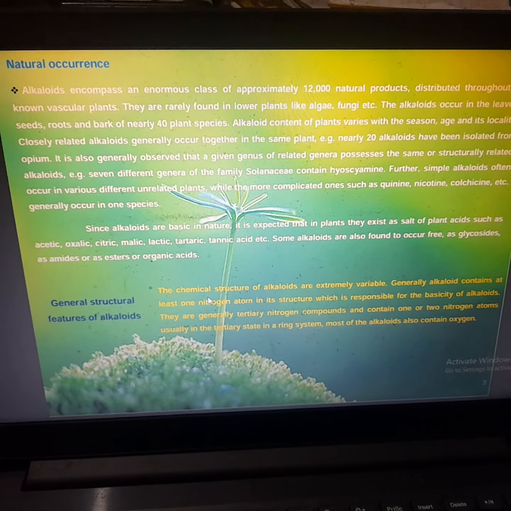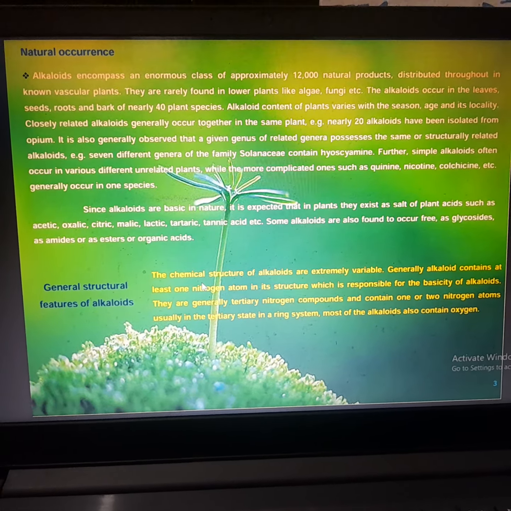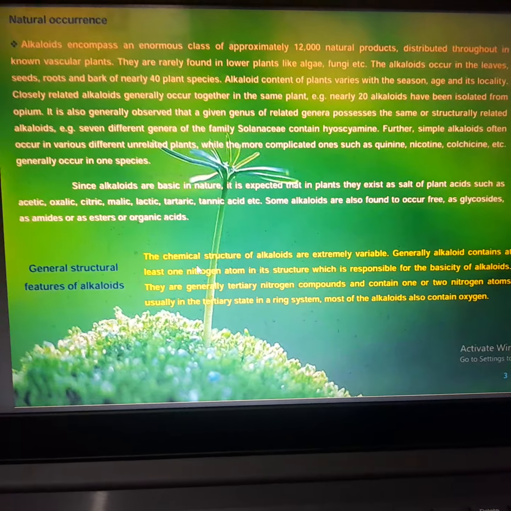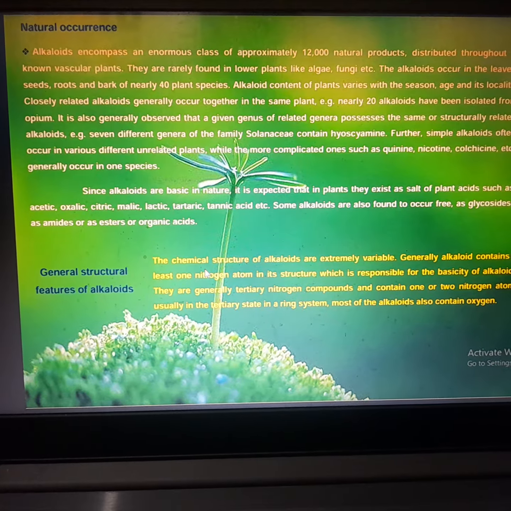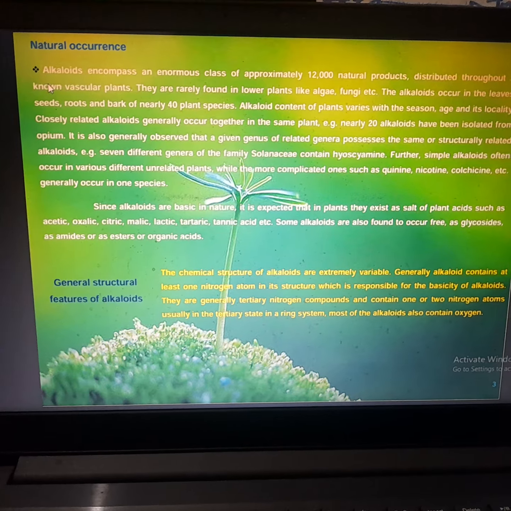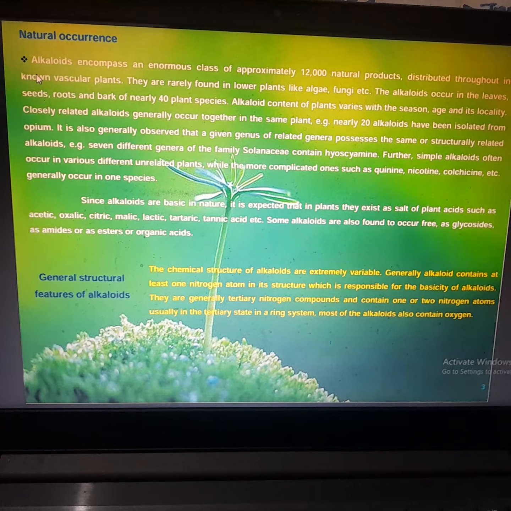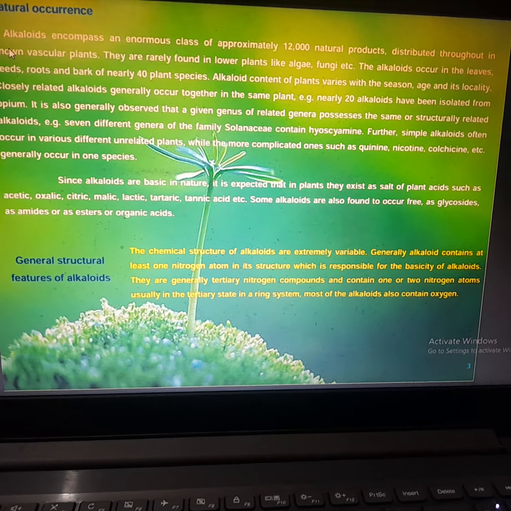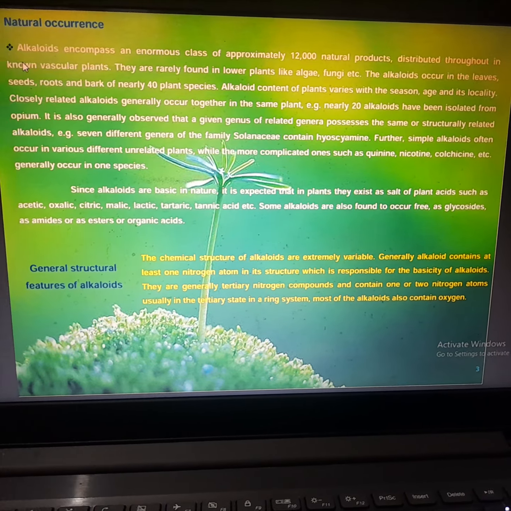So how do we know about the natural occurrence of it? So we will see the natural occurrence. Alkaloids encompass an enormous class of approximately 12,000 natural products.